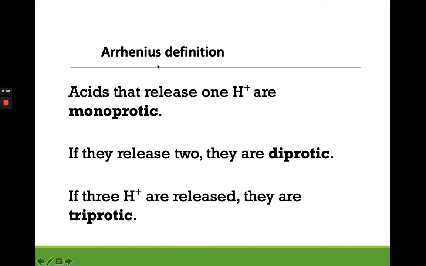So if it's an acid that releases one hydrogen ion, then we call it a monoprotic acid. If they release two, they are called diprotic, while if they release three, like H3PO4, those kinds of polyatomic acids, then they are considered to be triprotic.